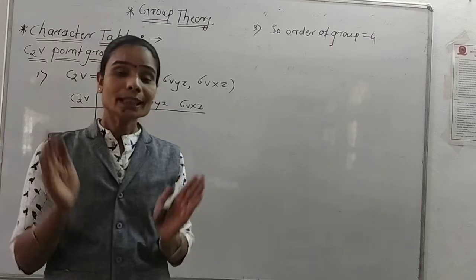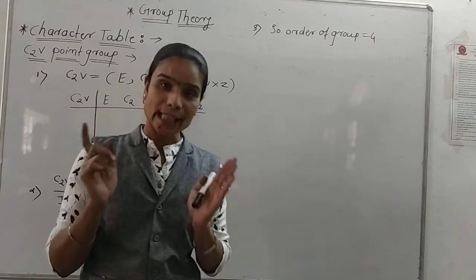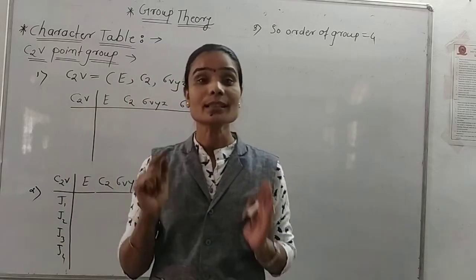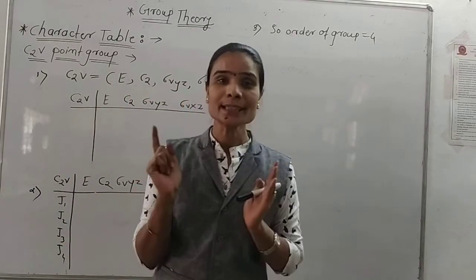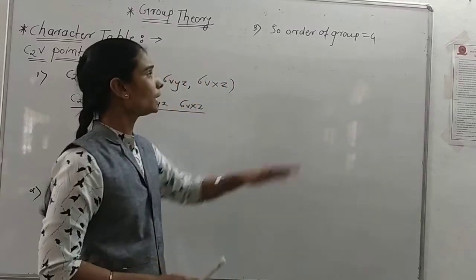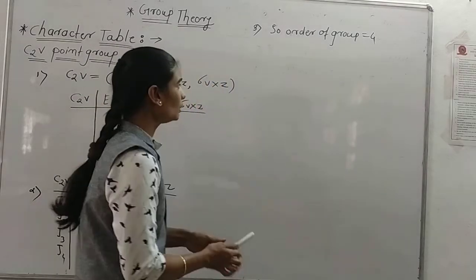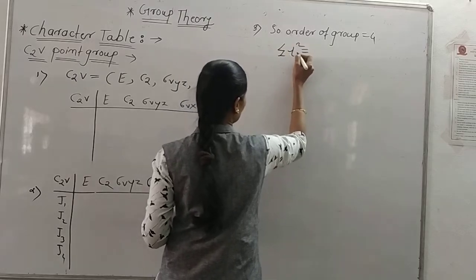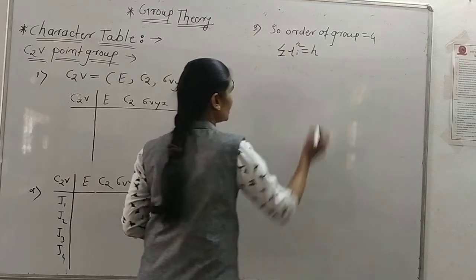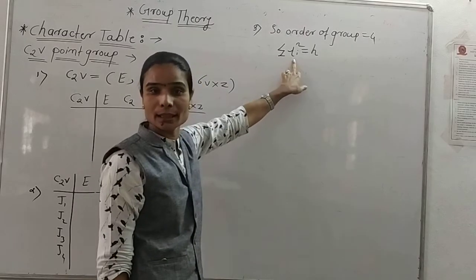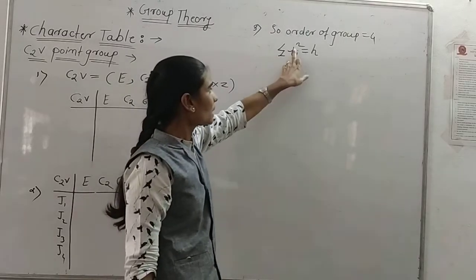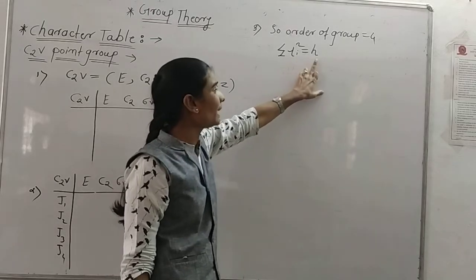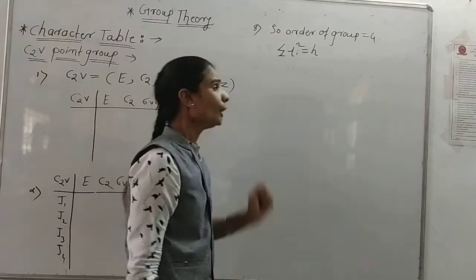Okay. After that we take the dimensions for these irreducible representations, and we take the square of each dimension, and these squares are arranged in such a way that their addition is equal to the order of group. So the summation of li square is equal to h. Here l is nothing but the dimension, and we take the square of the dimension. i is nothing but the irreducible representation, and h is nothing but the order of group.